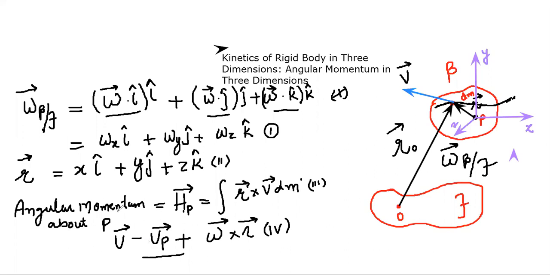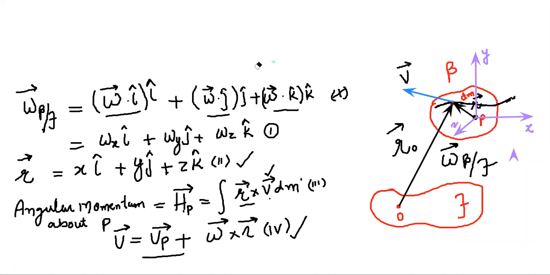In this equation, substitute the value of r from this equation, and substitute the value of v from this equation, and let's perform the cross product.